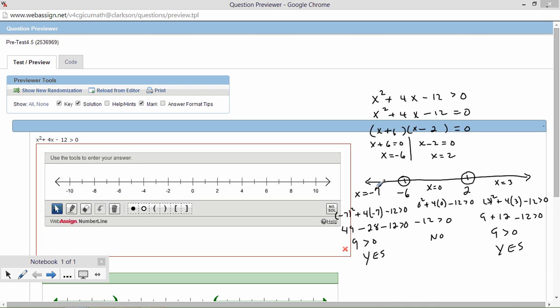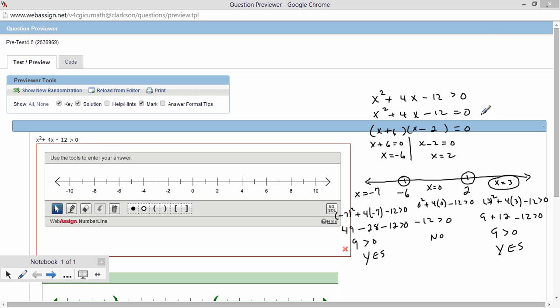And then you can see what I've done is I've tested each interval with a number from that interval. So I identify the 2 points of equality, in this case negative 6 and 2, and then I'm checking a number in each of those intervals. Now in this upper interval to the right, I'm checking the number x equals 3 in the original inequality.